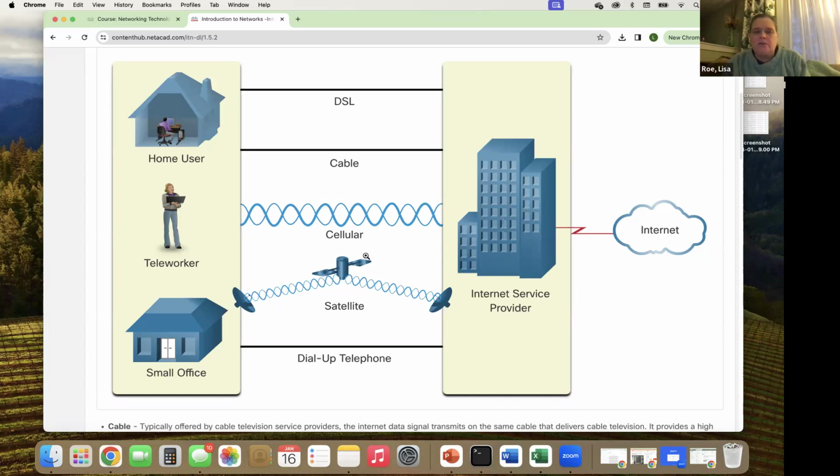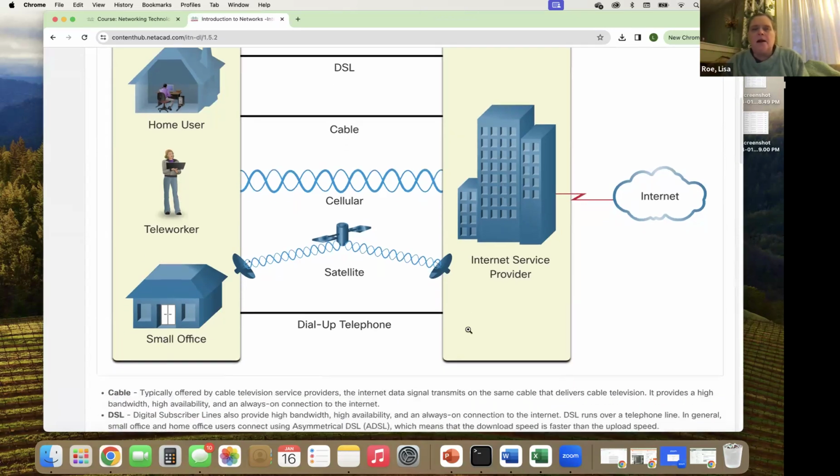If you live in the Midwest, for instance, they can't run cable, so they'll do satellite, like DirecTV, right? Or Dish. So you can get your TV, but sometimes you can get your phone and data through them as well. And then you have what's called a dial-up. So if any of you here are going to show your age like me, you would have a modem.